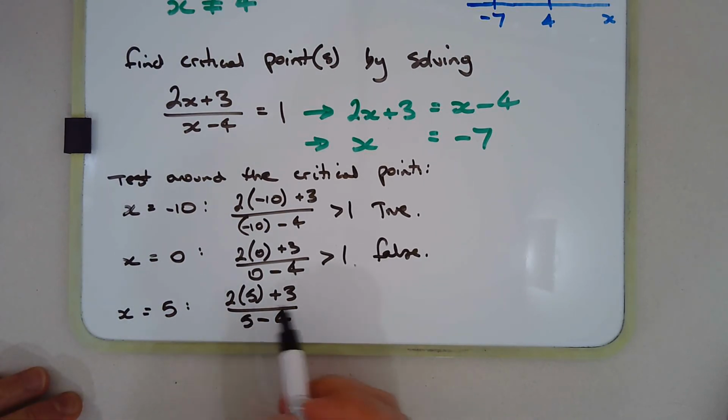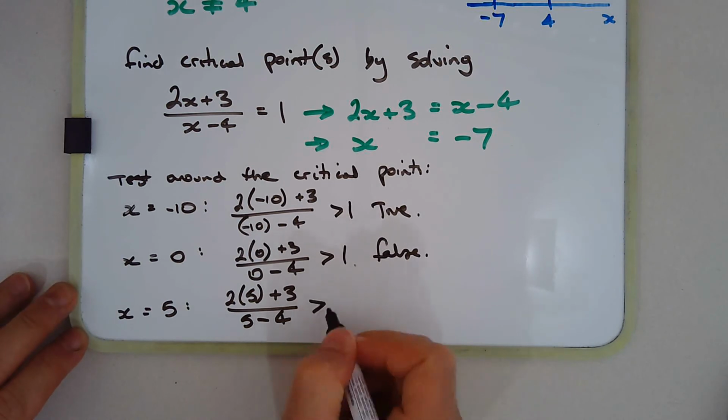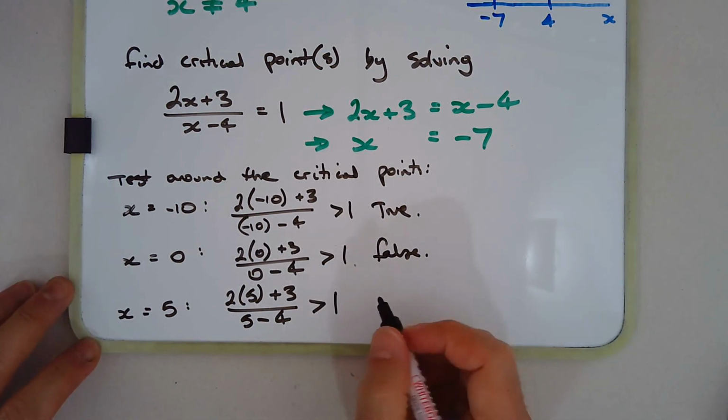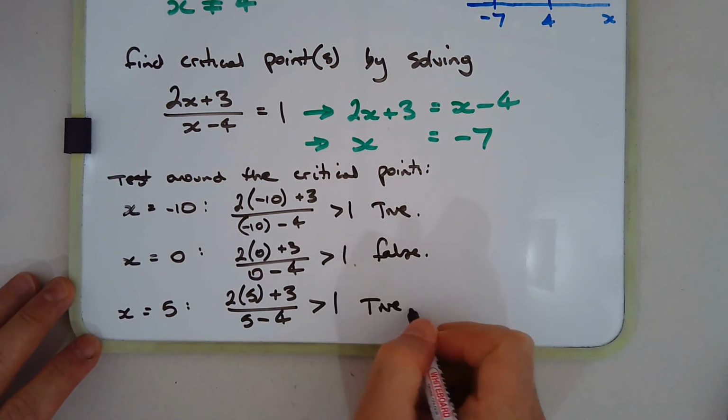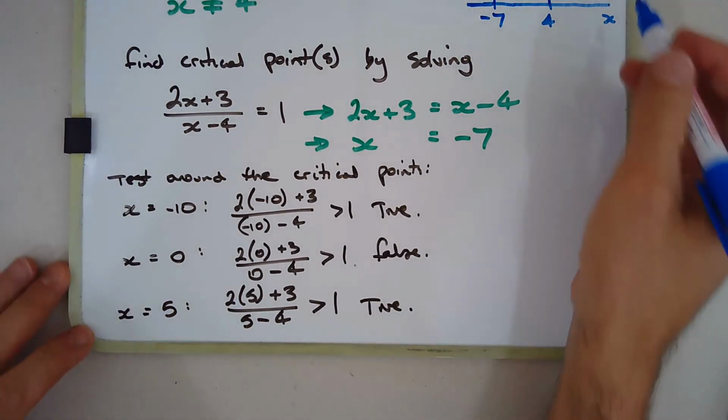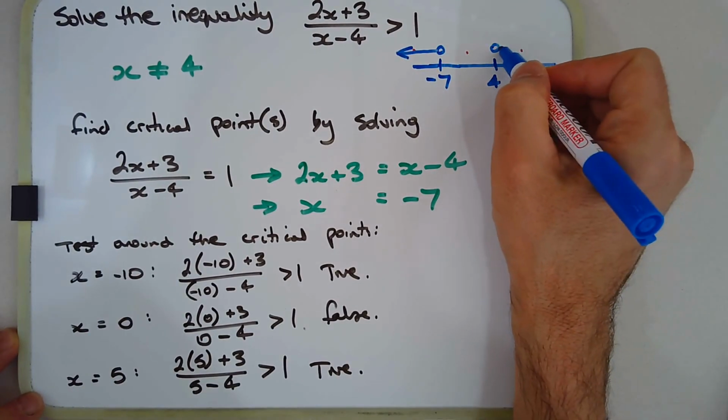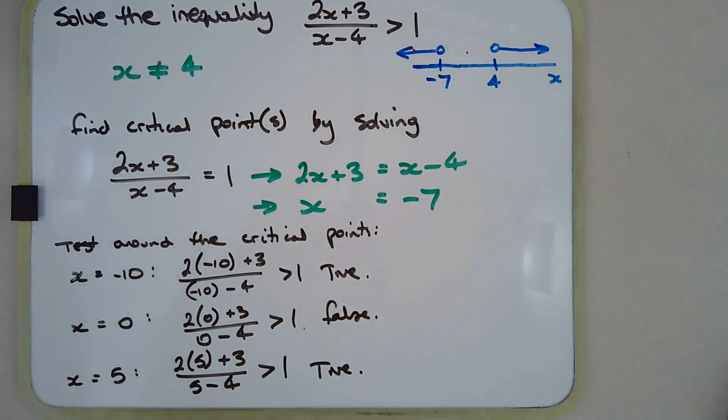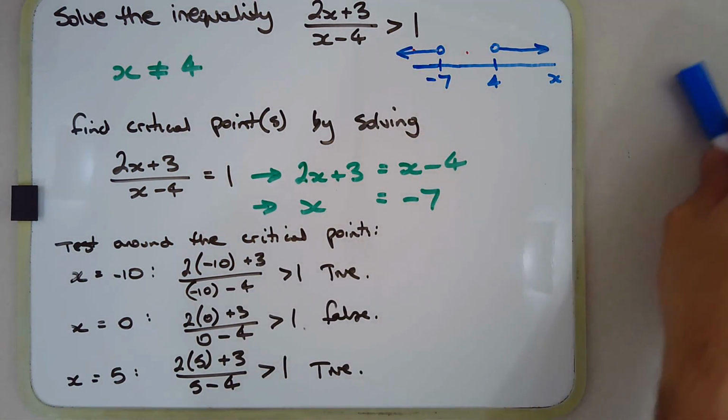That's nice. So 13, isn't it? That's definitely greater than 1, and that's true. So going back to our diagram, we can draw an arrow pointing to the right-hand side from the critical point 4, x equals 4.